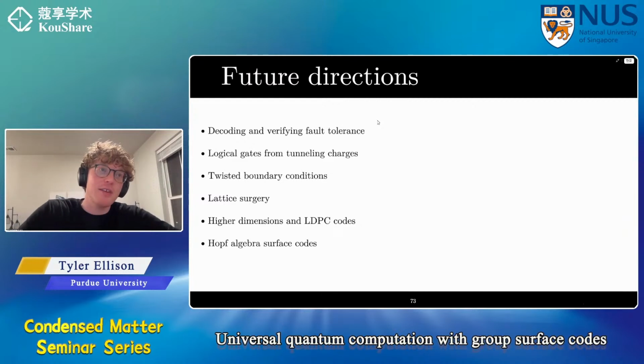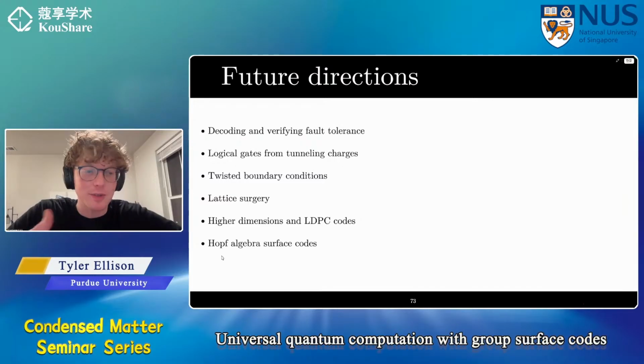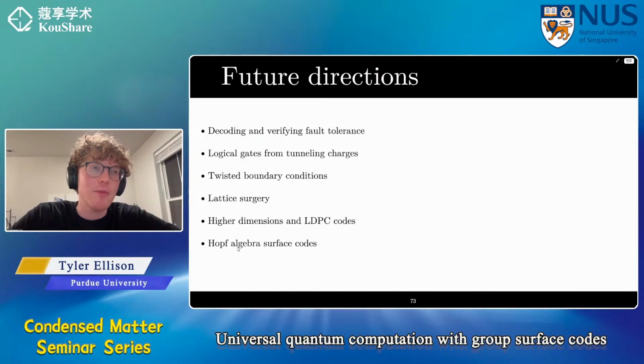I think this is kind of an ambitious last bullet point here, because ultimately what makes the group surface codes nice is that you can relate them to some abelian group surface codes, do some computations in the abelian group surface codes, and transfer information as needed. With a general Hopf algebra, I don't know that you have that luxury, that you can transfer information from your Z2 surface codes, for example.